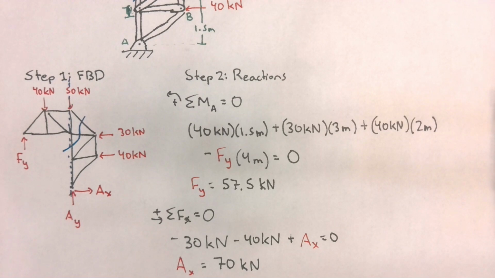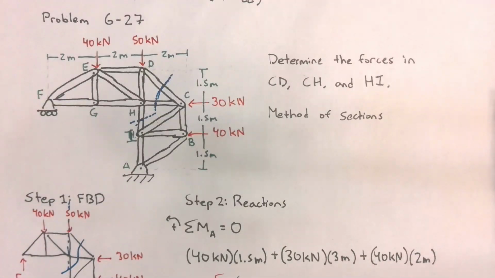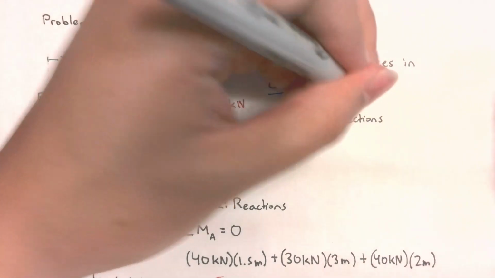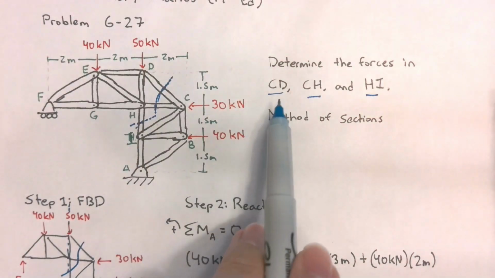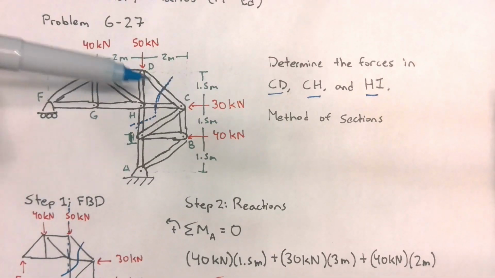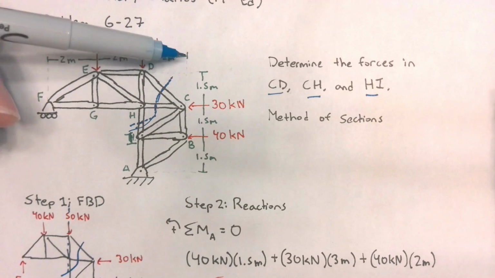Okay, so if you still have questions on this, just remember your cut has to go through your members of interest. So I want my cut to go through all these. It doesn't have to be a straight line.